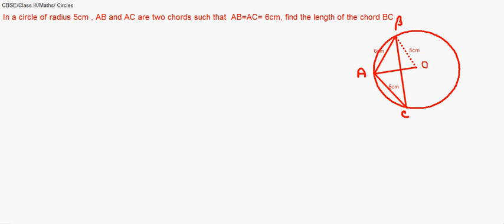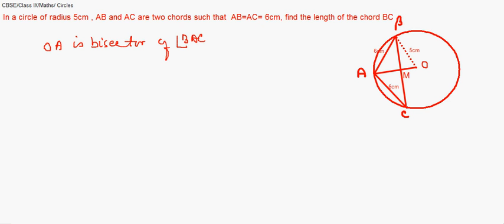This point of intersection, let's name as M. So OA now becomes the bisector of angle BAC.